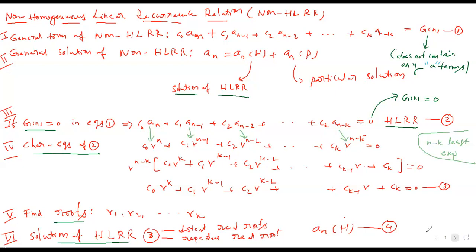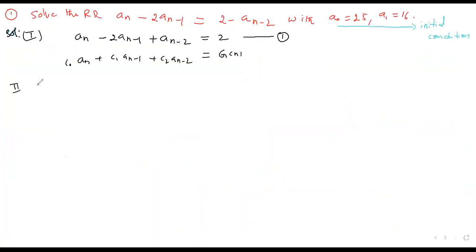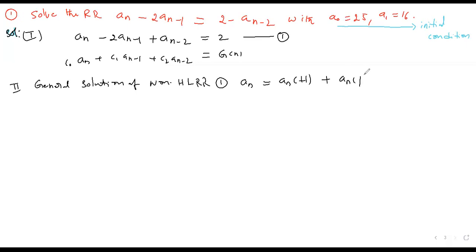The general solution of the non-homogeneous linear recurrence relation 1, a_n, contains two parts. One is a_n of h, the homogeneous solution for the homogeneous linear recurrence relation. Another one is the particular solution. This is equation 2.